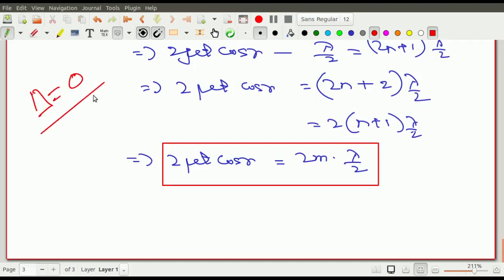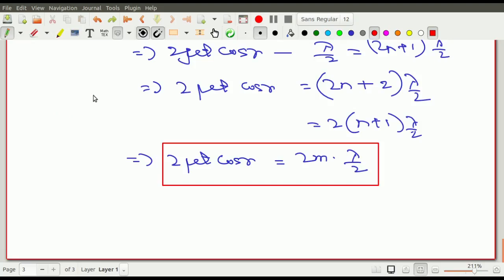I don't say delta effective, delta, যেখানে path difference টা 0 হয় সেই পয়েন্টটাকেই বলে, that point is called the central fringe.